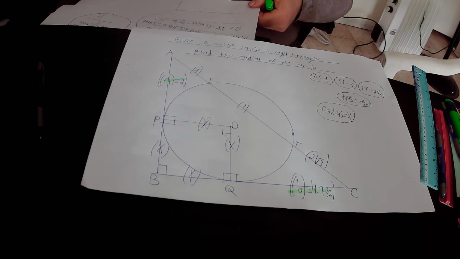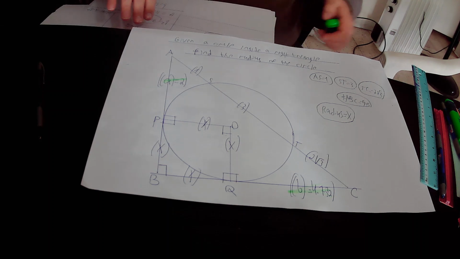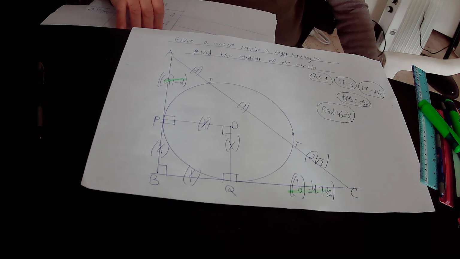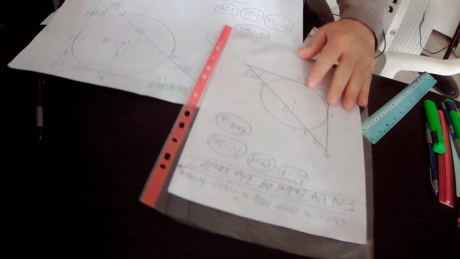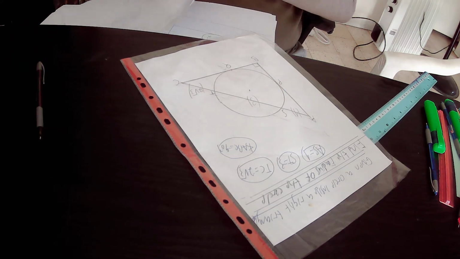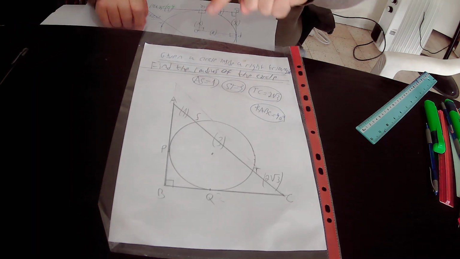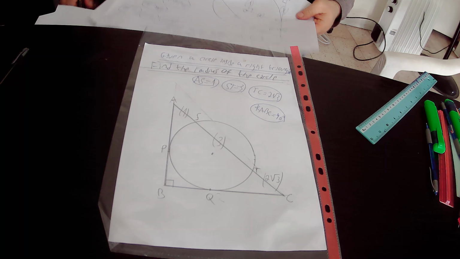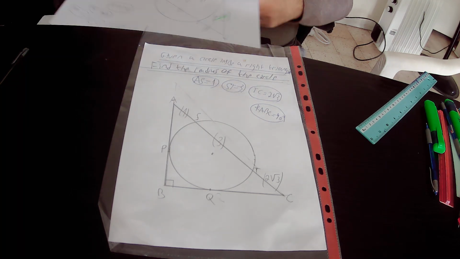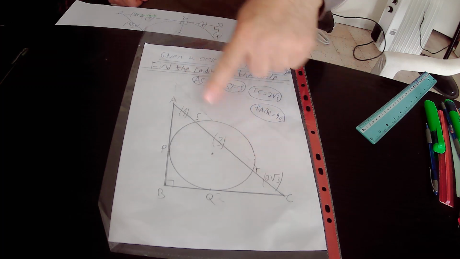Okay, so in the next step I will summarize the lecture. In this lecture I found the radius of this circle. In the drawing we have the right triangle ABC.